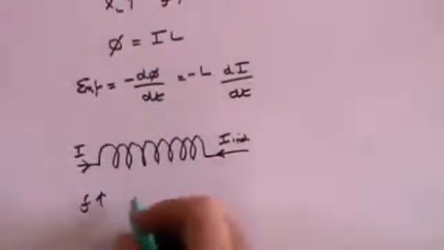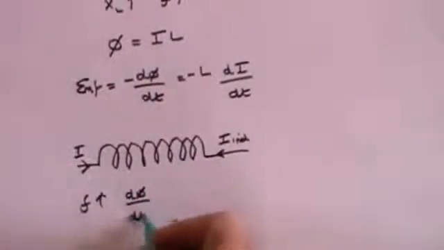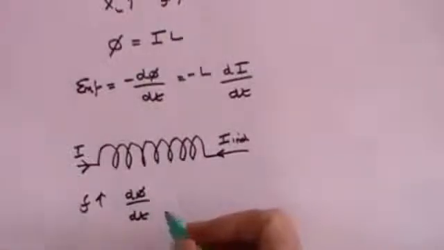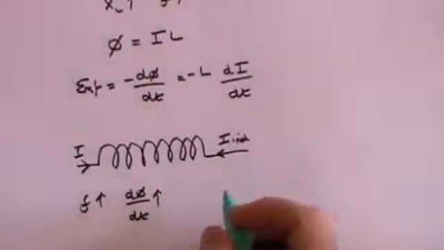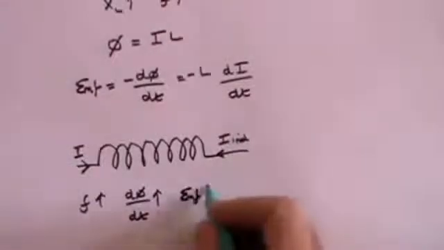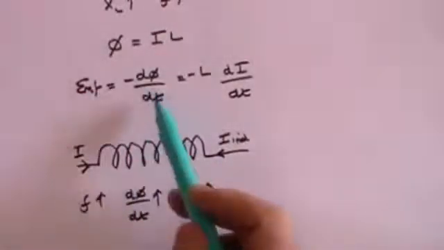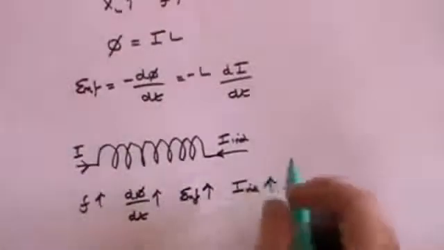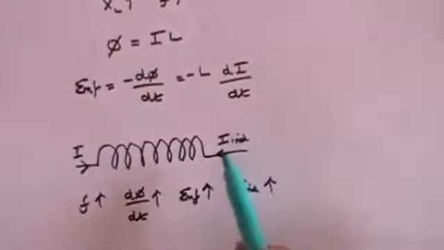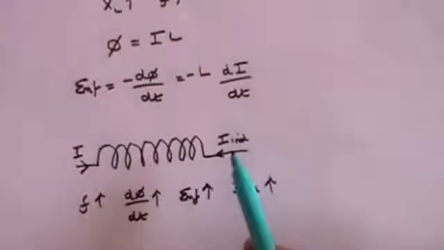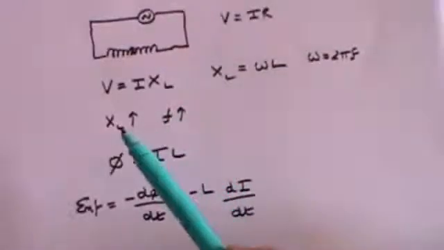So in other words, as frequency increases, that means that the rate of change of flux increases because it's changing more frequently. So that goes up. That means that the EMF increases because EMF is equal to minus d phi by dt. And that means that I induced increases. And that means that the resistive effect increases. So as the frequency increases, the resistive effect of the inductor increases, and that's why the two go up hand in hand.